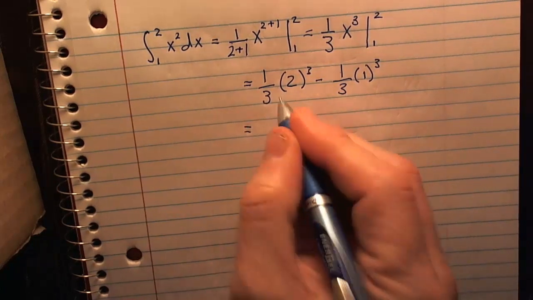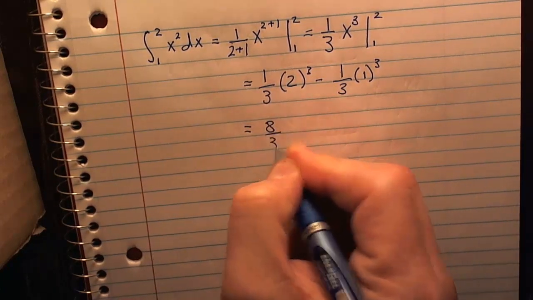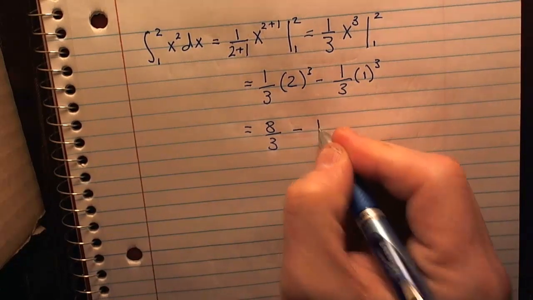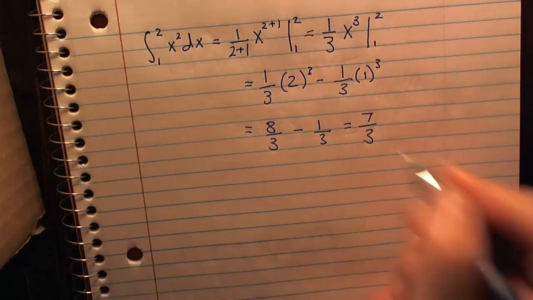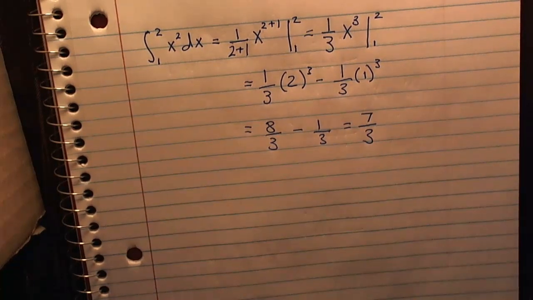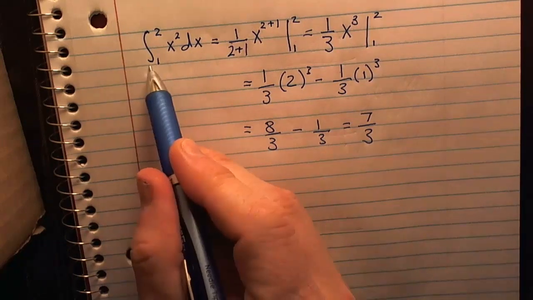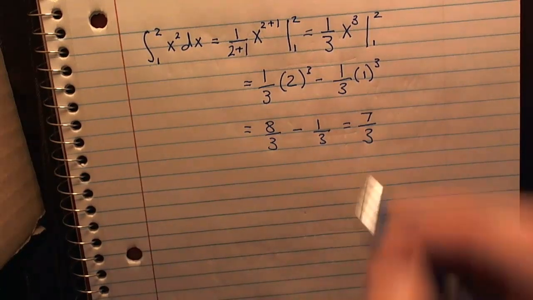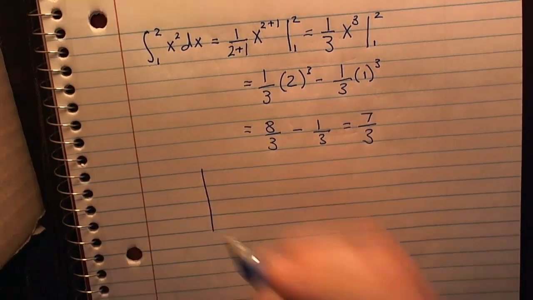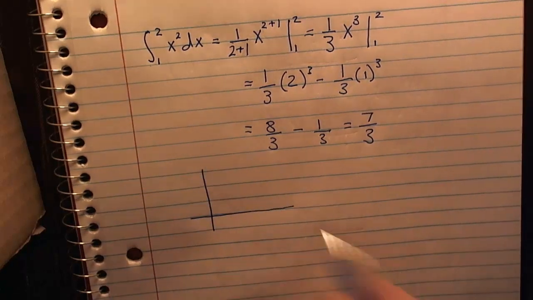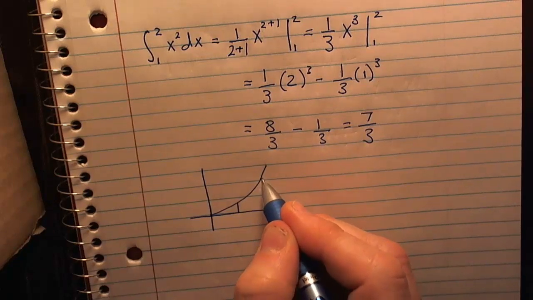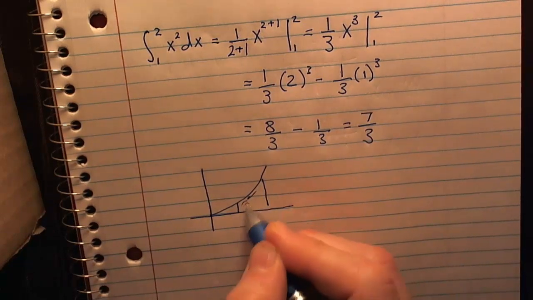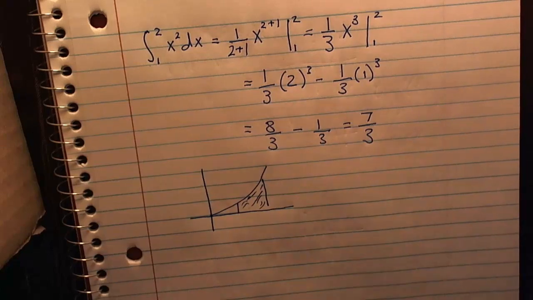In particular, this one's going to be 8/3 minus 1/3, which would be 7/3. And that is the solution. That is the evaluation of this definite integral. And what we've just done there is, if you looked at the graph and we went from 1 to 2, we've calculated the exact value of the area under that curve.